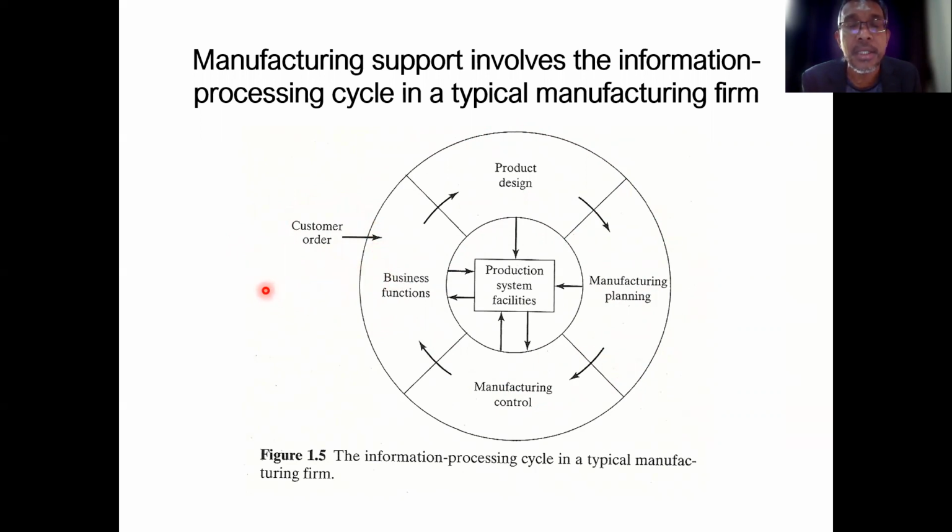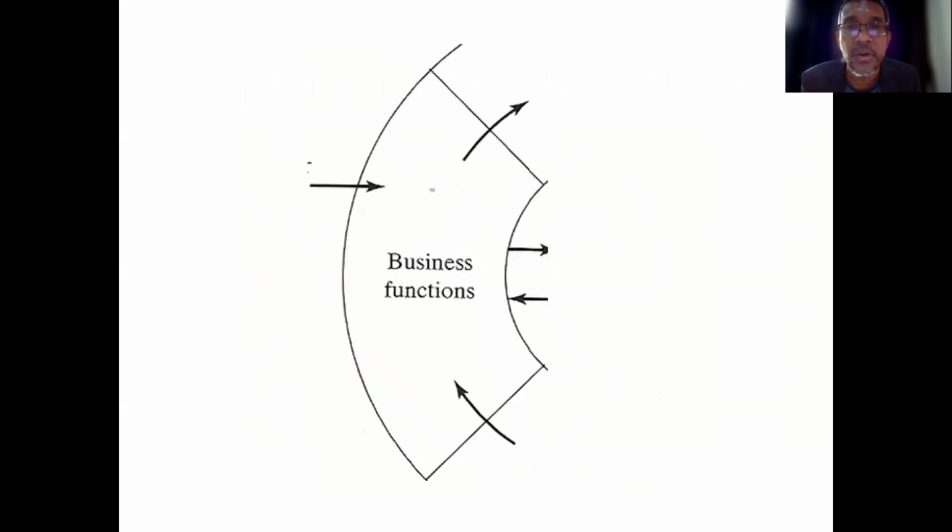They get an order from the customer, and the order is based on an existing product. For example, they just go to the production side, or if they have a new product, it goes to product design, manufacturing planning, manufacturing control, and then back to the business function to deliver the product to the customer based on their order. So we go one by one.